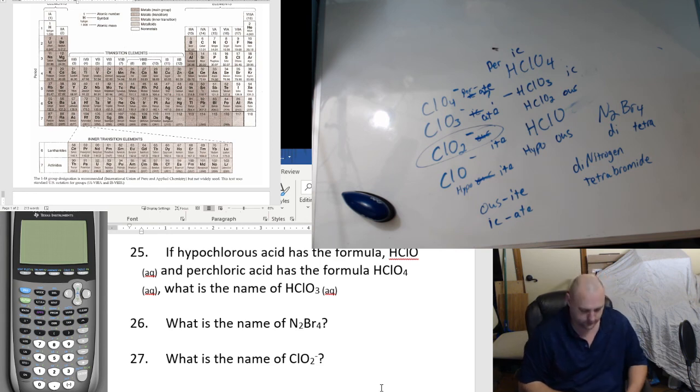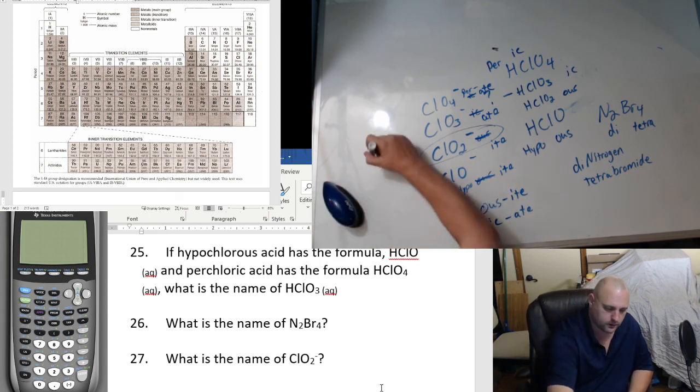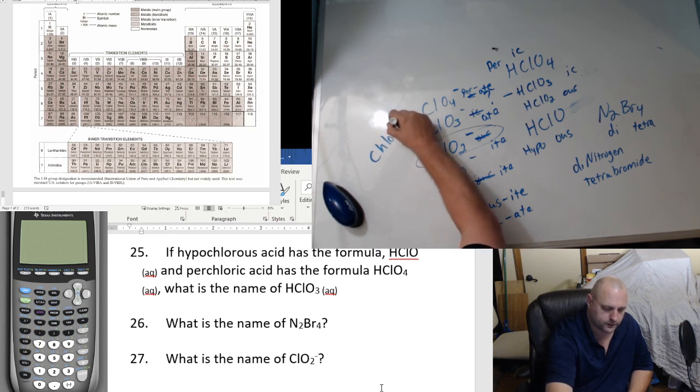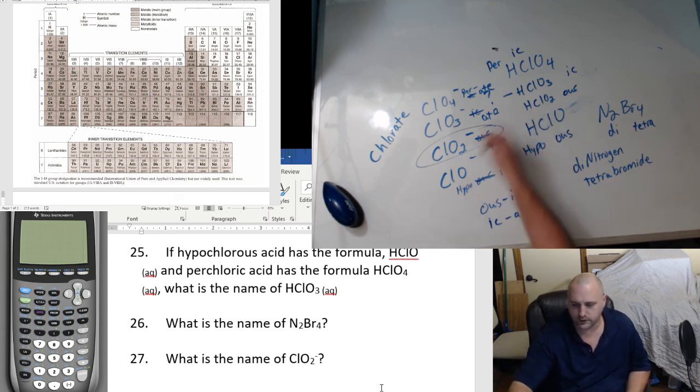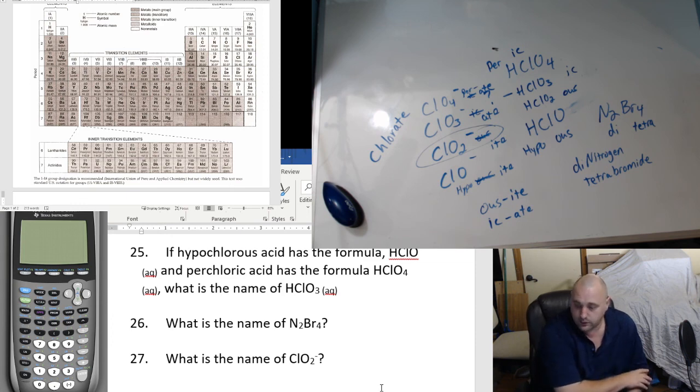Ooh, almost did it wrong. So this one then will be chlorite, which we'll learn in Gen Chem 2 is related over here, the conjugate base of my chlorous acid.